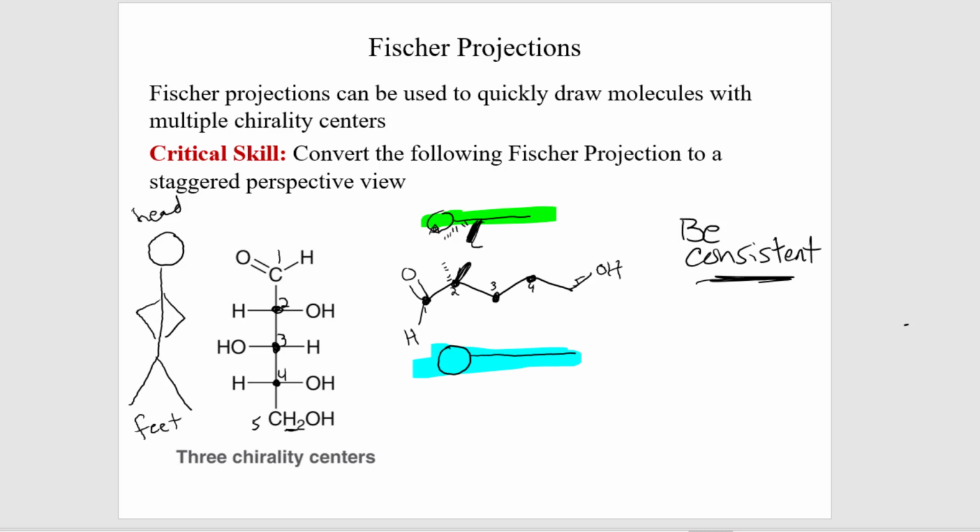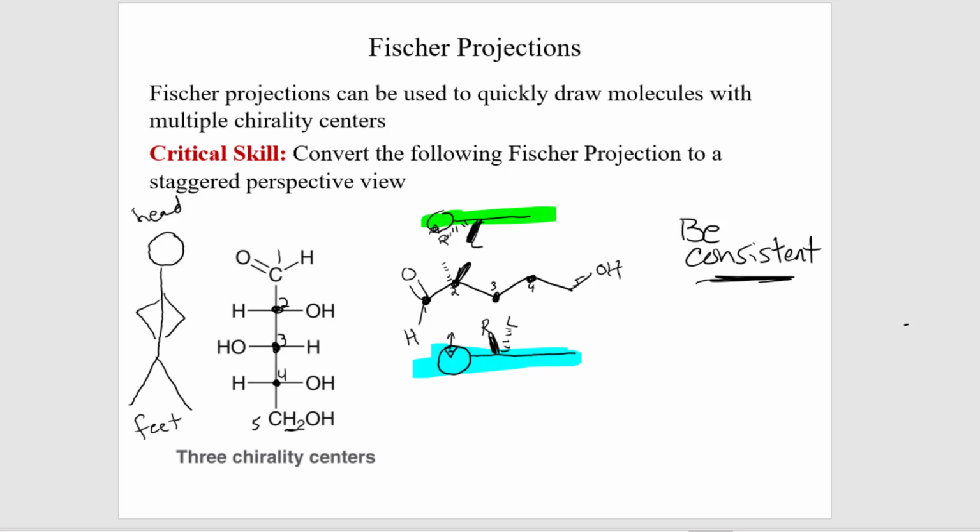And the one going into the paper is his right arm. Okay? If I was Aquaman, I would also be wanting to hug this molecule. And so Aquaman's wedge arm, what you're doing is you're underneath looking up. The wedge is now Aquaman's right arm, and the hash is Aquaman's left arm.